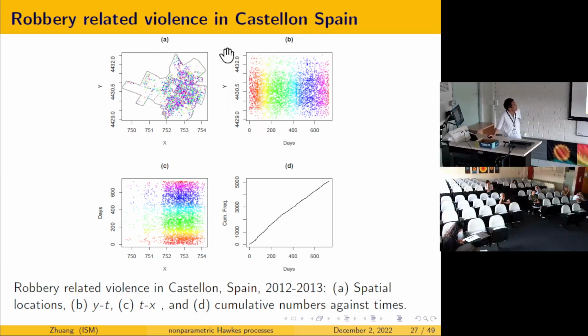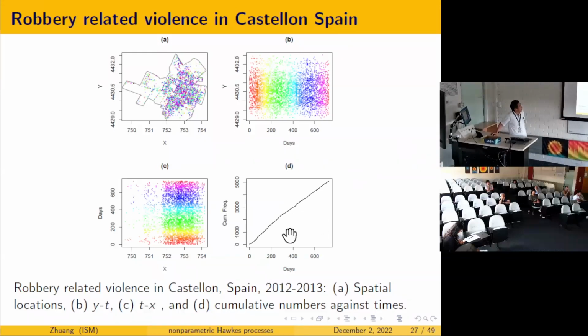And this is the north-south direction. And time in days. And in the west-east direction. And this is a cumulative number of events. So it looks not so clustered, but we will check it in our Hawkes model.